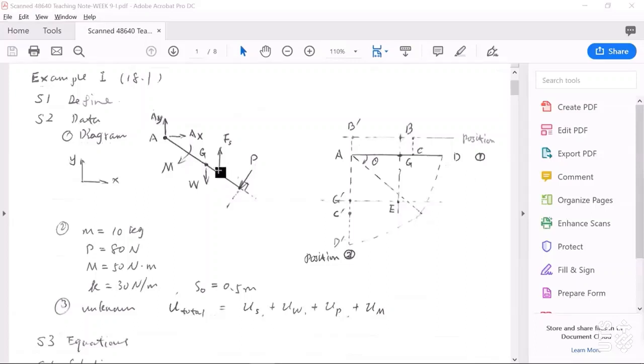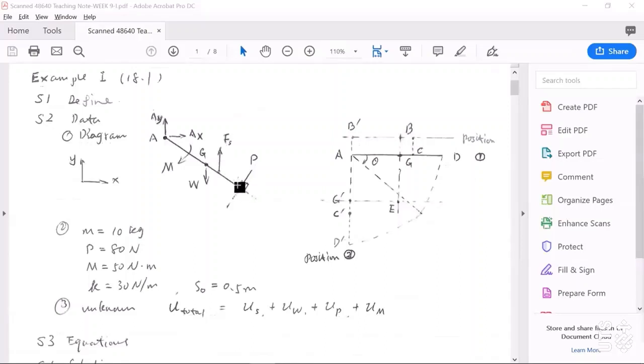At this point, we can define this point as point C. At this point, we have a spring force. Because the spring can keep a vertical position, this spring force Fs is always vertical and upward.